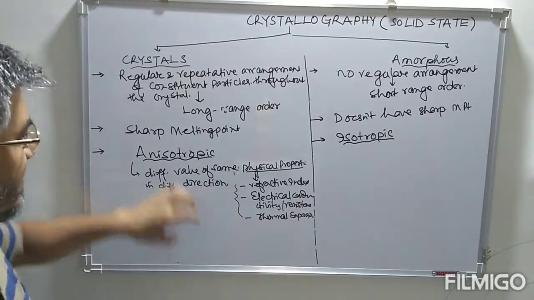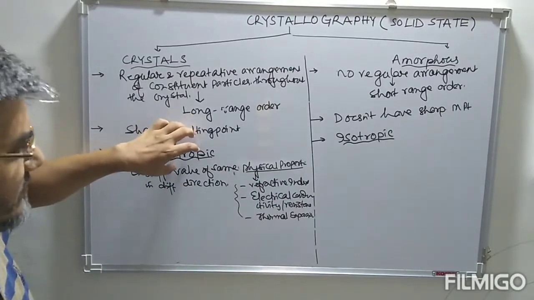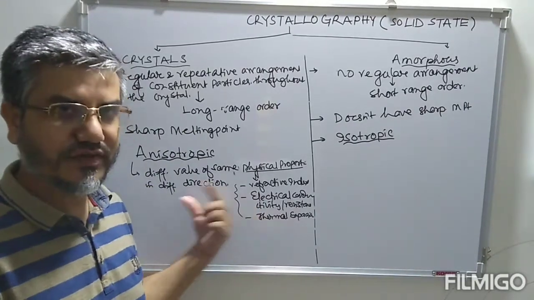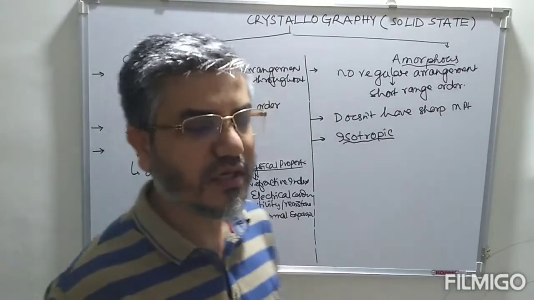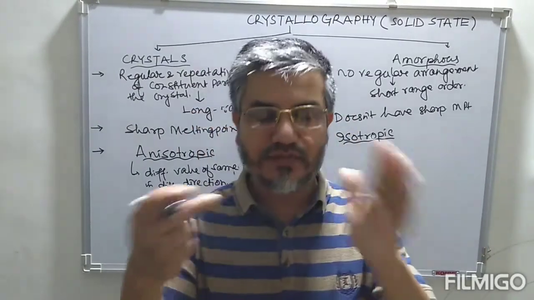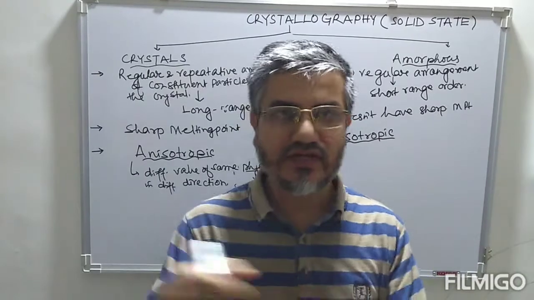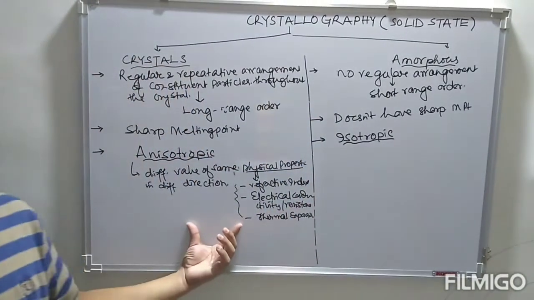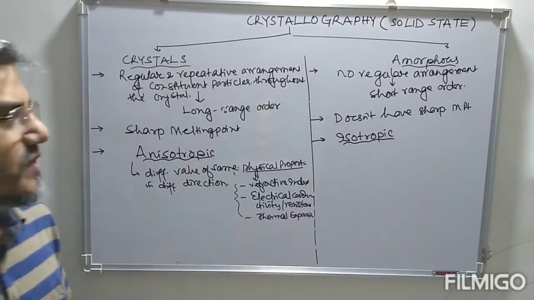And I'm again repeating why these show different values of the same physical property in different directions. The reason is the different arrangement of constituent particles in different directions. Though we have a regular repetitive arrangement, the arrangements are different in different directions. So we have different values of some physical property, that is anisotropic.